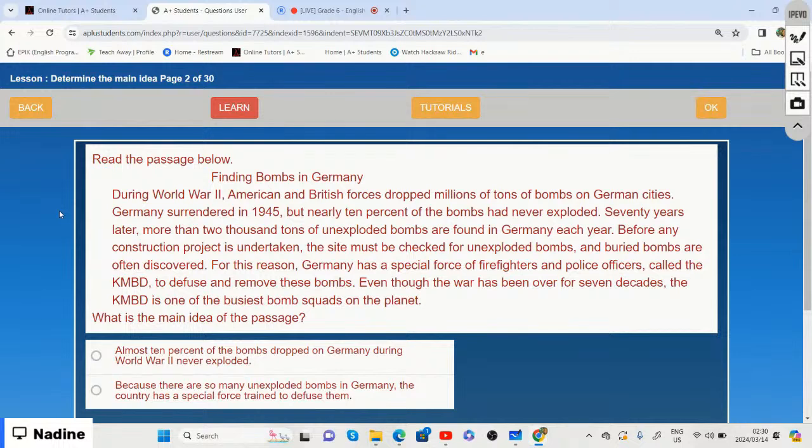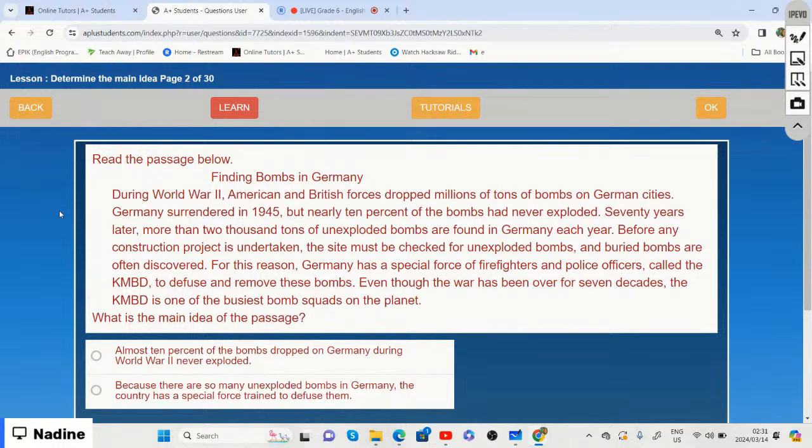Is it: almost 10% of the bombs dropped on Germany during World War II never exploded? Or: because there are so many unexploded bombs in Germany, the country has a special force trained to defuse them? We need to choose the correct option, which is the main idea within that passage.